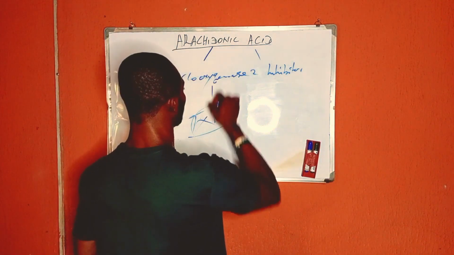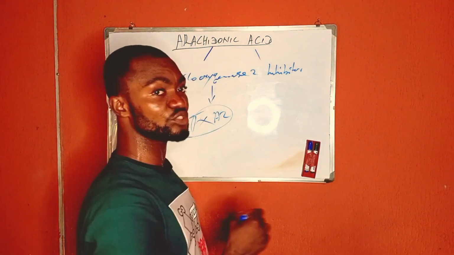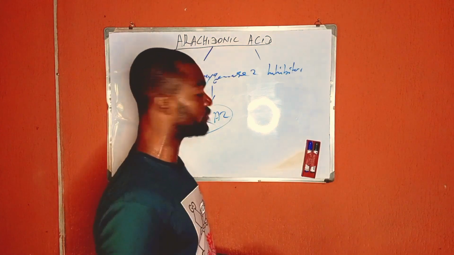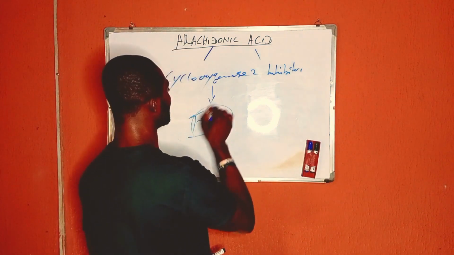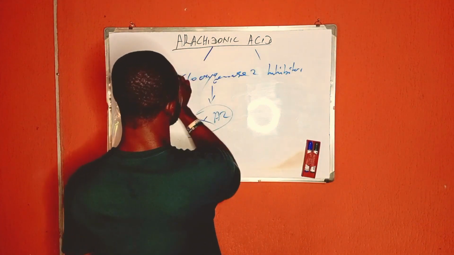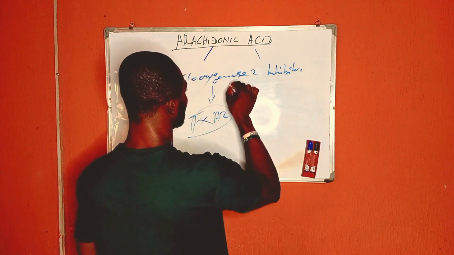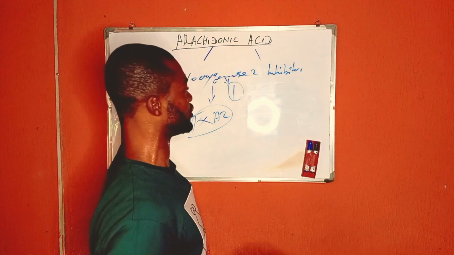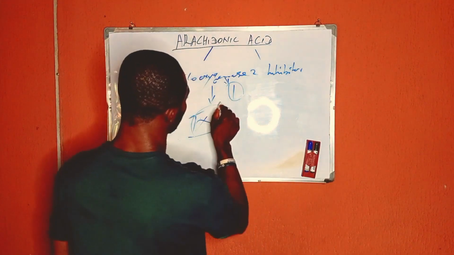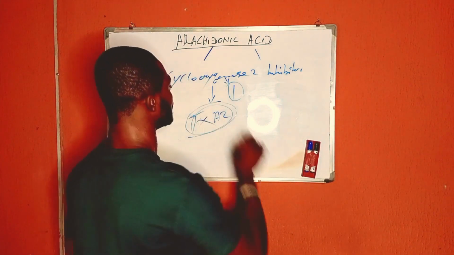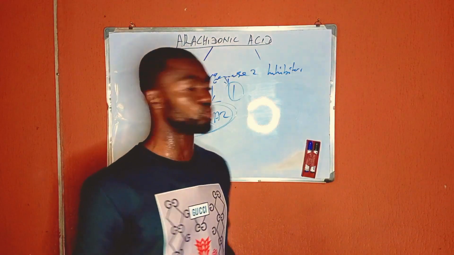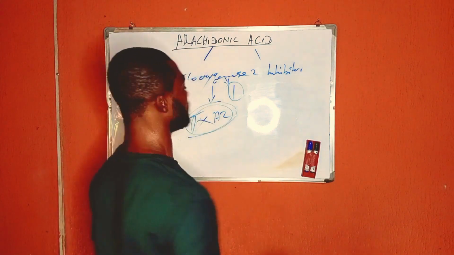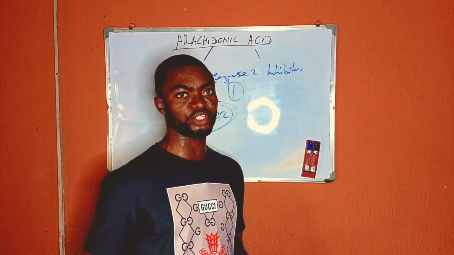Now you took aspirin, or ibuprofen or naproxen, any of them, and it inhibits cyclooxygenase 1. Whenever it inhibits cyclooxygenase 1, it will also inhibit the synthesis of thromboxane A2, which causes blood platelet aggregation or formation.